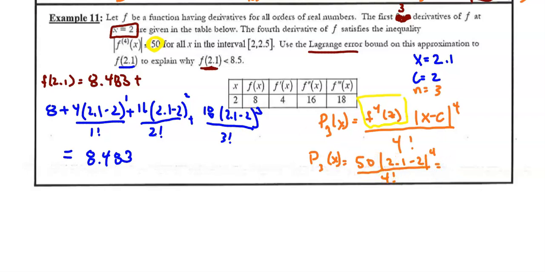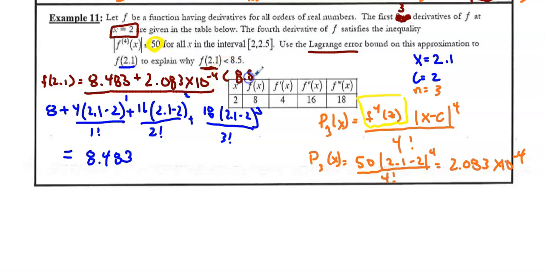And again, if we use our calculator, we get 2.083 times 10 to the negative 4. I'm going to add that to our approximation. And this value right here is now less than 8.5. So we did exactly what we need to do.